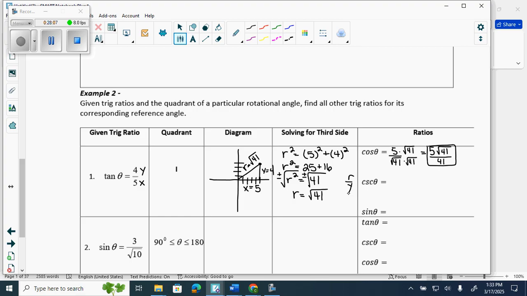So resume is root 41, and your is 4. Done. And then sine is your resume. So it's literally that flipped. So it's 4 over root 41. Multiplied by root 41, sorry. And we get 4 root 41 over 41.